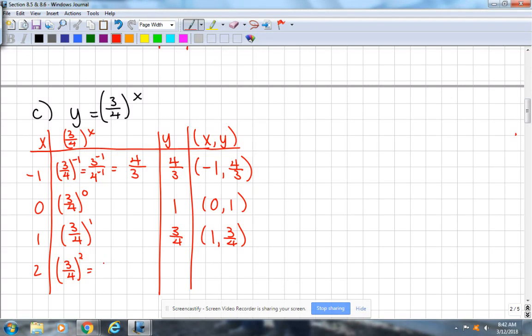I can multiply it times itself, or I square the 3 and square the 4, right? What is 3 squared over 4 squared? 9 over 16, and that will not reduce, so I'll leave it at 16ths. And that's really close to a half, isn't it? A little bit bigger than a half.